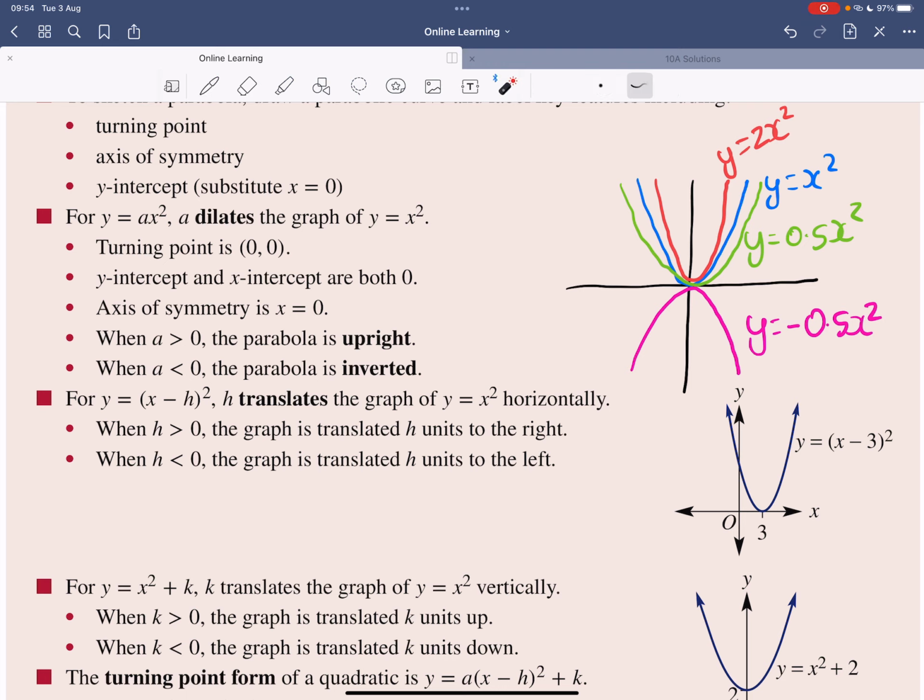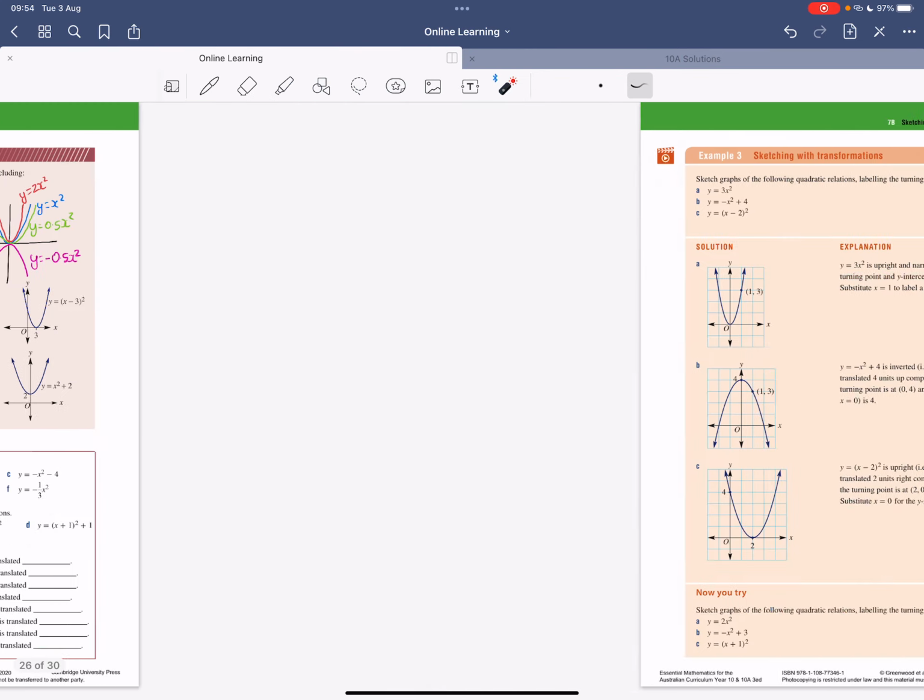And so in that last dot point, when a is less than 0, so negative, the parabola is inverted, so it goes down instead of up, all right? So that's the key ideas for those types of functions when they take this particular shape, y equals something x squared. Let's go ahead now and work on an example.